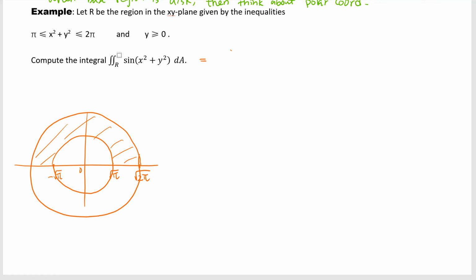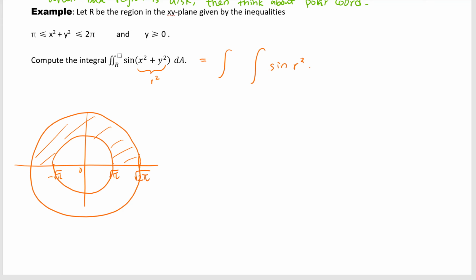Okay, so now let's set it up using polar coordinates. You can see the base region is in terms of circles, between circles, so it's better to use polar coordinates. And x squared plus y squared is r squared, right?